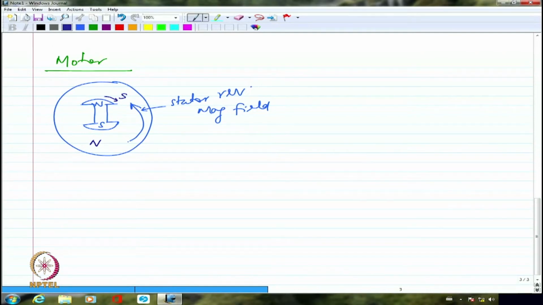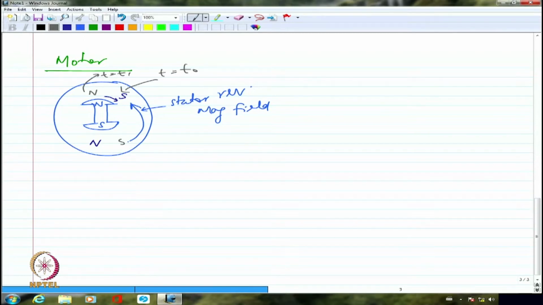But by the time the rotor moves even slightly, because of its inertia, it is going to take a while. But the revolving magnetic field is really running at a very high speed. Within no time, you are going to see that suddenly north pole comes here and south pole comes here. It is going to move so fast that maybe this is at time t equal to t0, and this may be at time t equal to t1, because it's after all only half a revolution.